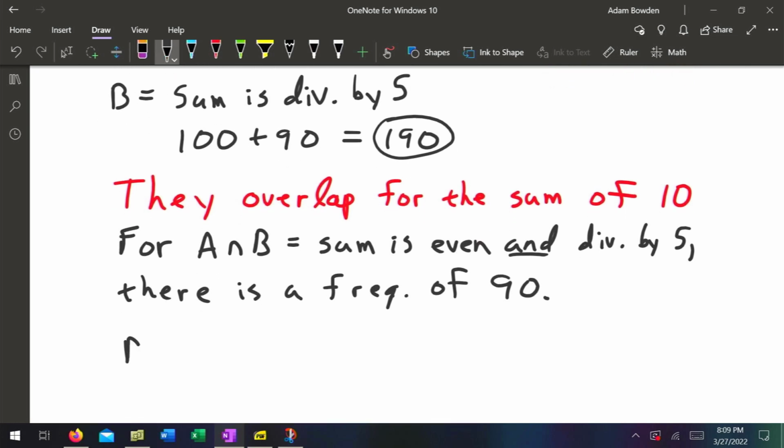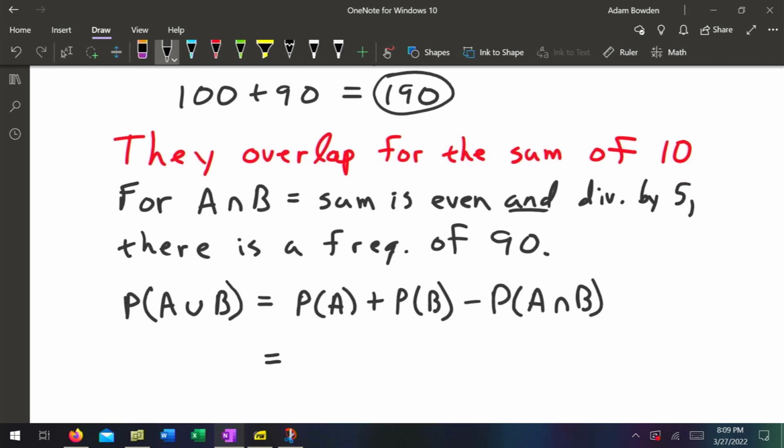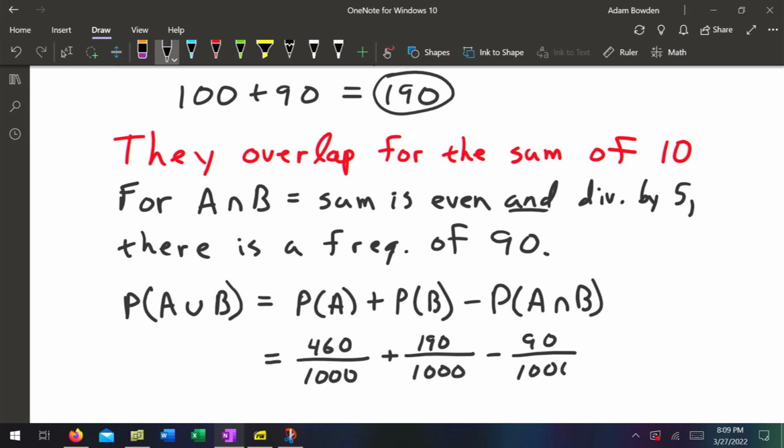The next step is we're going to do the probability of A union B. So that would be the probability of A plus the probability of B minus the probability of A intersect B. So the probability of A, there were 460 of those out of 1,000, plus 190 divided by 1,000 minus 90 divided by 1,000.